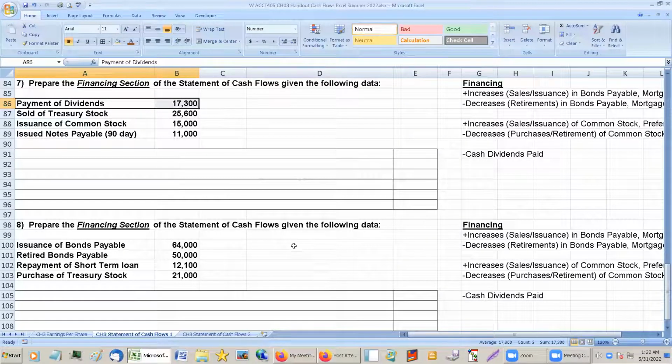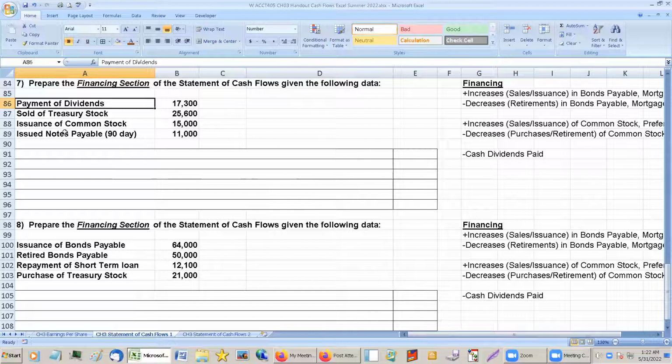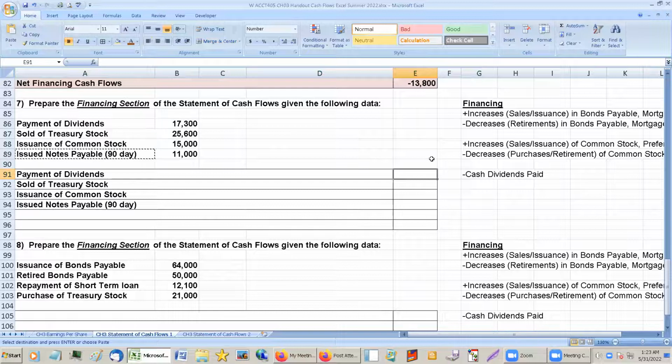They're always negative. Payment of dividends. Whenever you pay a dividend, your cash goes down.